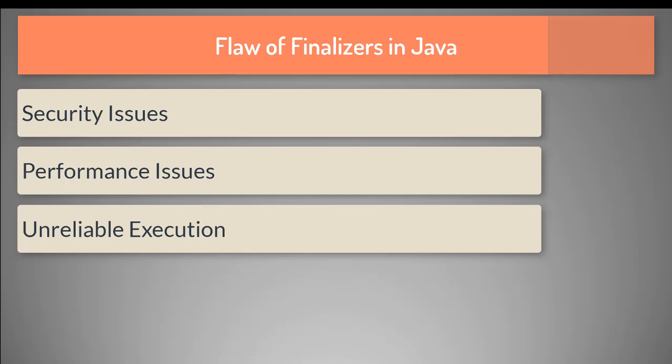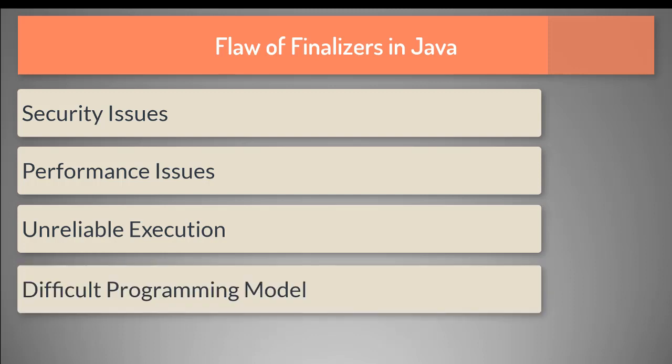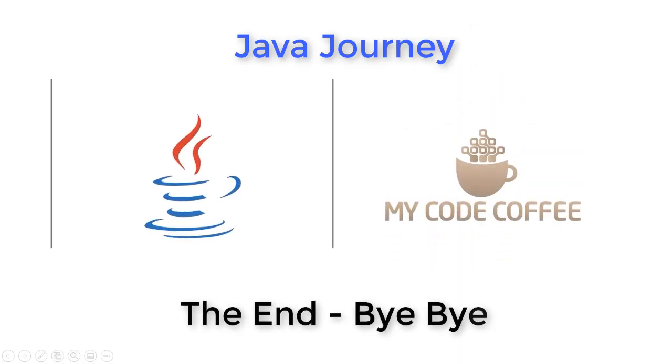But the garbage collector typically operates when available memory is low. So if there is plentiful memory and fewer resources, the garbage collector will not work and the resources will be waiting for finalization and will not be released. Last but not least, it's a difficult programming model and even seasoned programmers can make mistakes when using finalizer methods. So with all these issues, the Java community decided to deprecate finalization and prepare to bid adieu to finalizer methods.